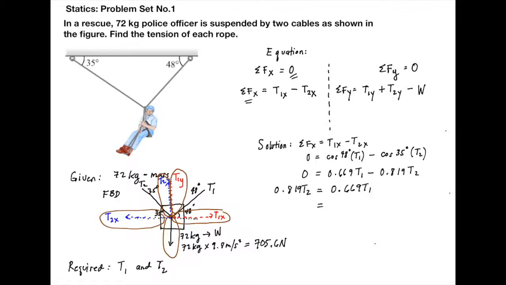Now, the value of T2 is 0.669 of the T1 divided on both sides by 0.819, and therefore the value of T2 is 0.817 of our T1. Now we have to take note that this will represent our equation number 1.